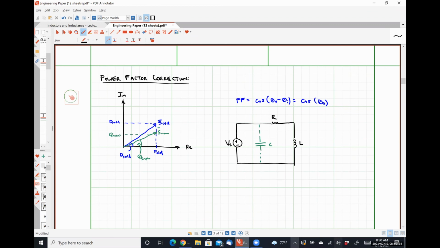So now what we need to do is figure out how to relate our old power factor, our new desired power factor, and the value of C to each other, right? So I can say that S old is P old plus jQ old.